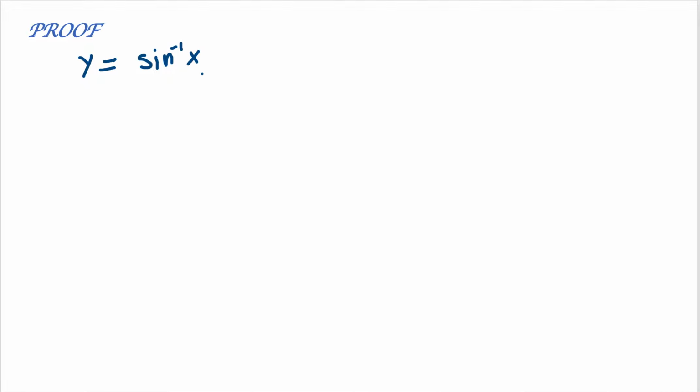And now we want to find the derivative. The derivative denotation we usually find in the differential form, dy over dx. And this is equal to the other denotation, y prime, so it means a derivative.